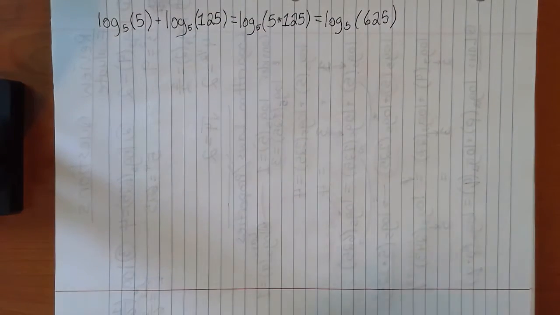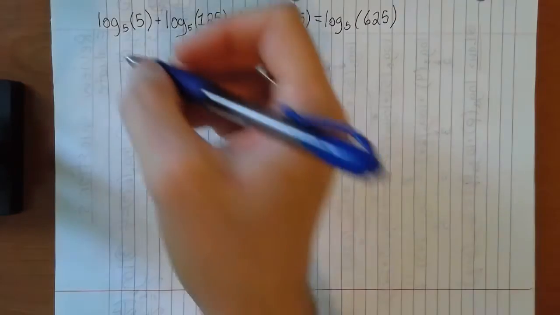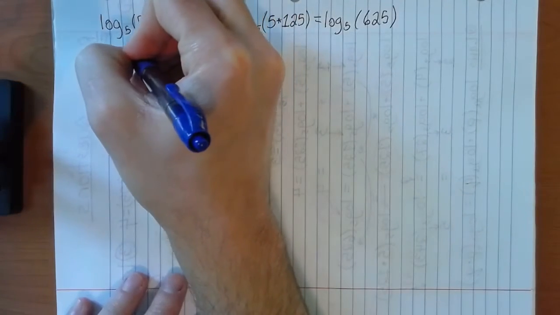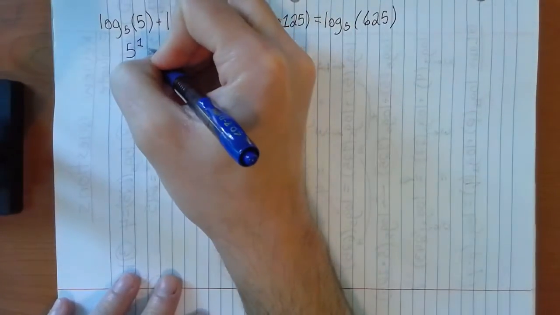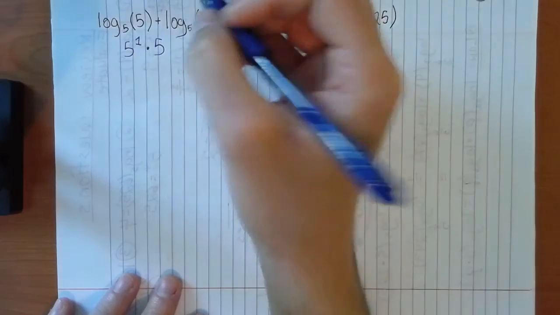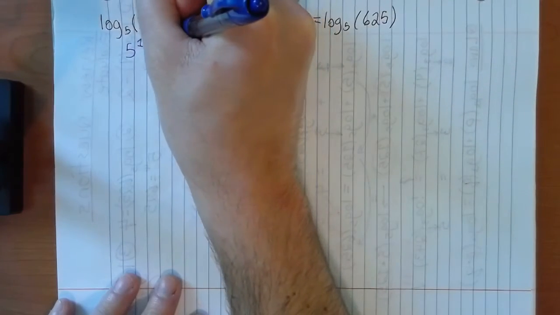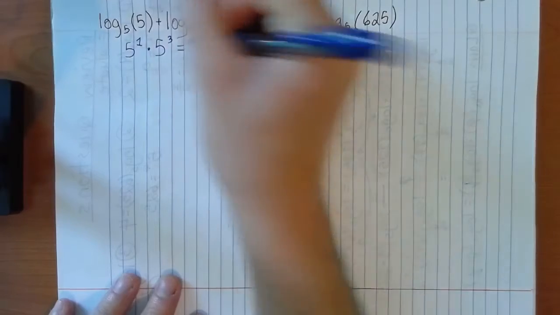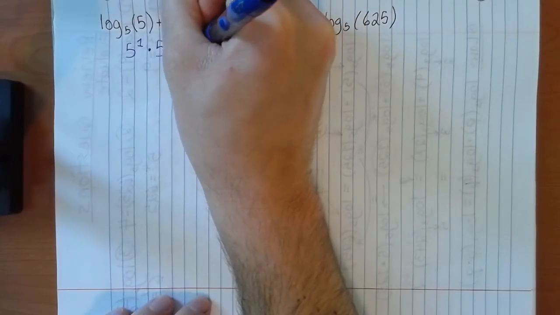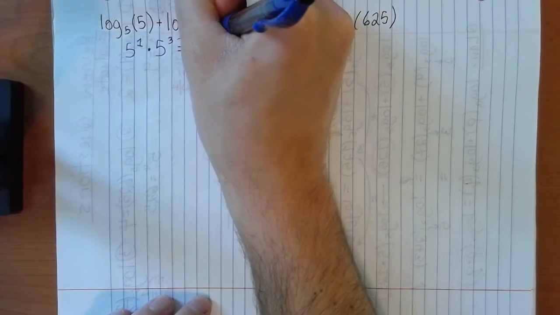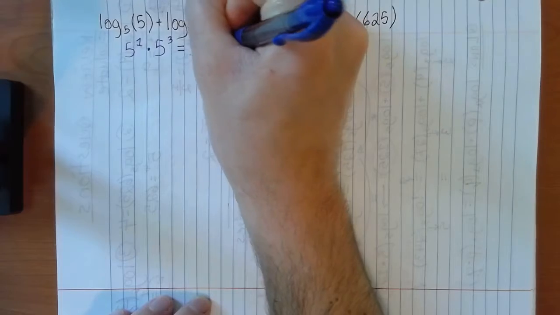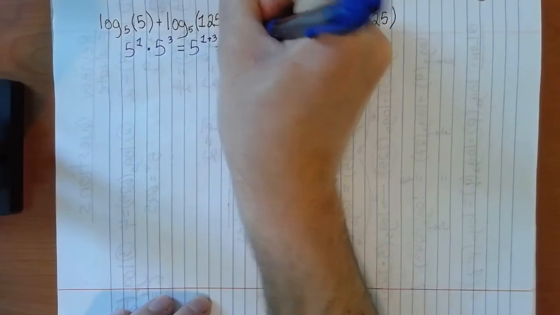So let's think of this in terms of something a little more familiar from past years. If we wanted to write this as 5 to the first power, and we multiply that by 5 to the third power, we know based on exponent rules that that would be equal to 5 to the power of 1 plus 3, or 5 to the power of 4.